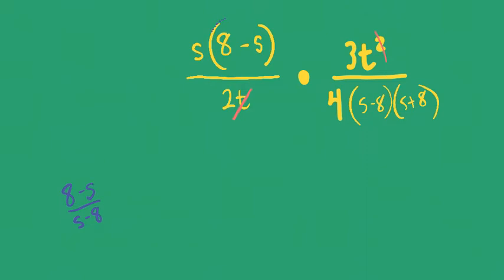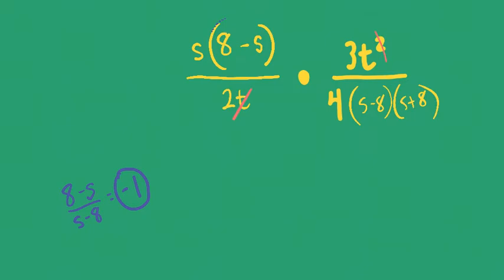The s on bottom is positive. So they're identical except for the signs. And what they end up equaling is -1. If they were exactly the same, s minus 8 over s minus 8, that's the same as 1. But if the signs are different, that's the same as -1.